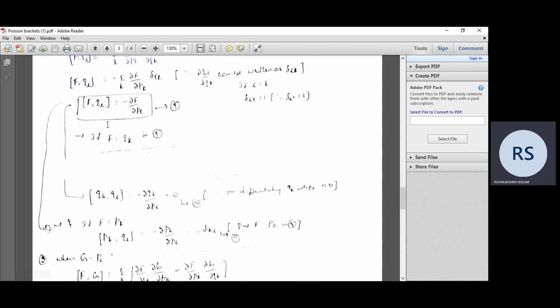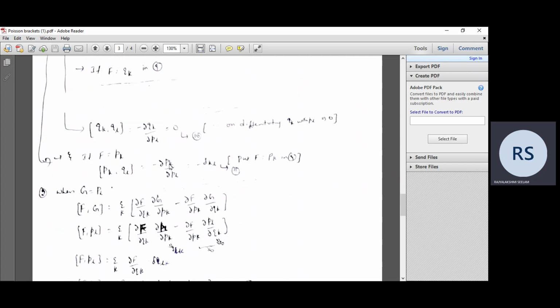If we substitute f equals pk, so {pk, ql} equals minus ∂pk/∂pl, which we can write as minus delta kl, or minus 1. So {pk, ql} equals minus delta kl. We can write like this.